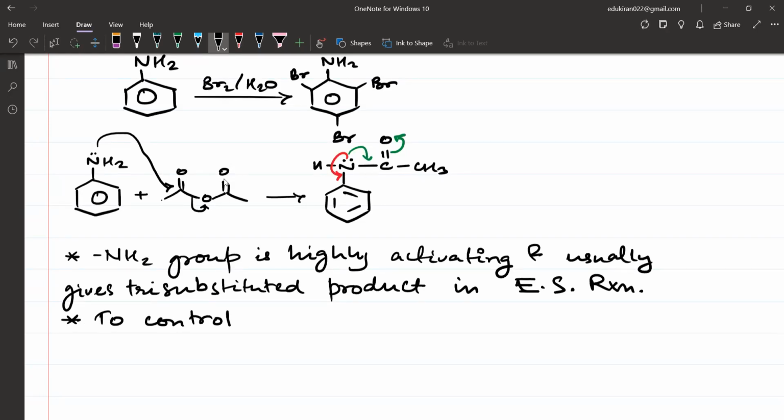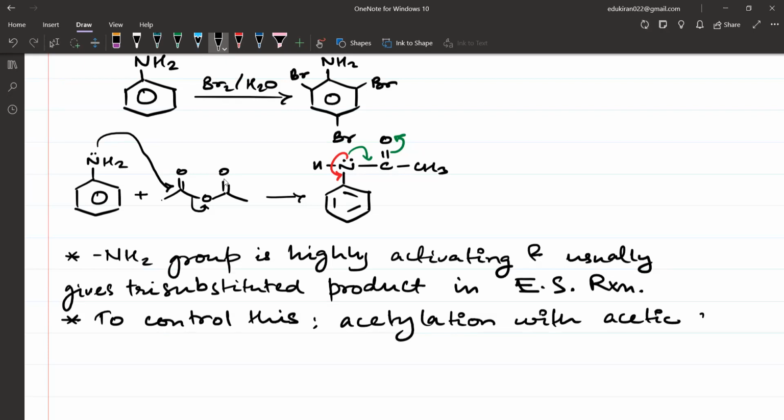To control this, acetylation with acetic anhydride is done.